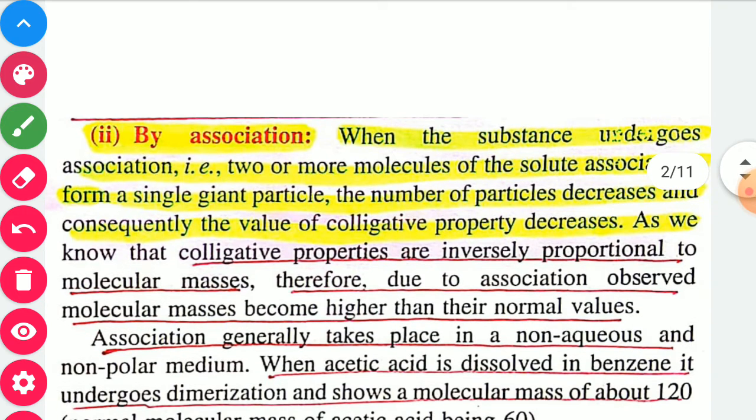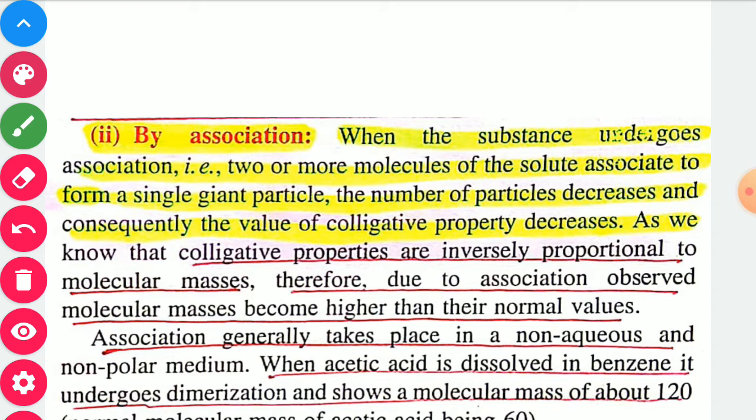Second is by association. Due to association of solute particles in the solution, the colligative property gets decreased. When the substance undergoes association, that is, two or more molecules of solute associate to form a single giant particle, the number of particles decreases and consequently the value of the colligative property decreases.